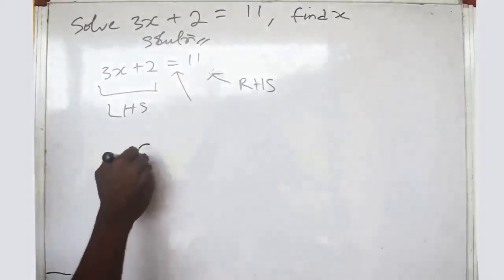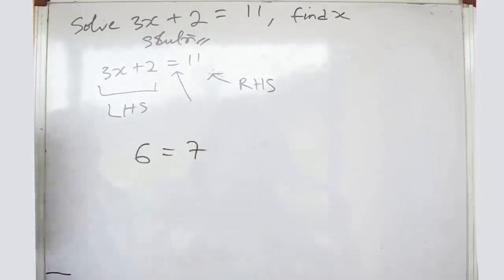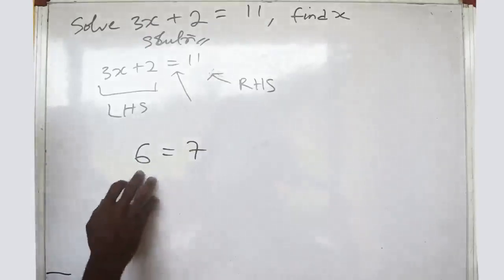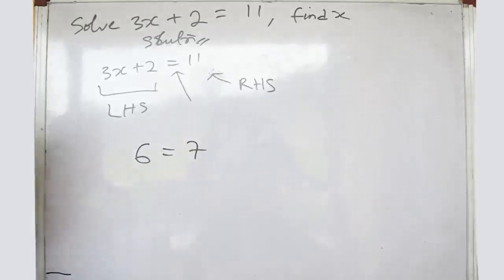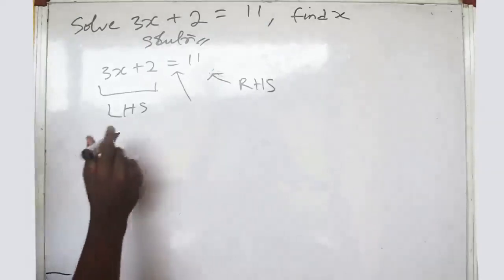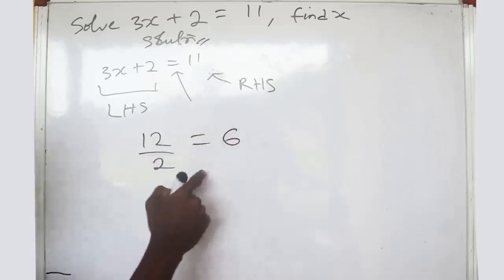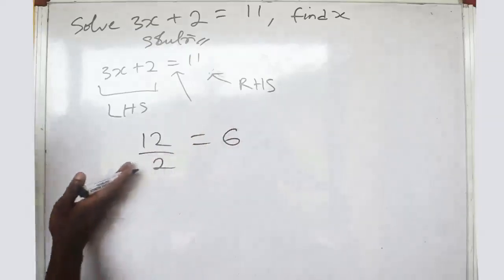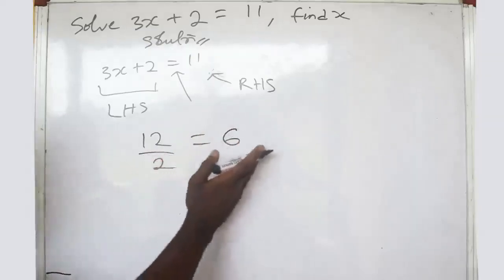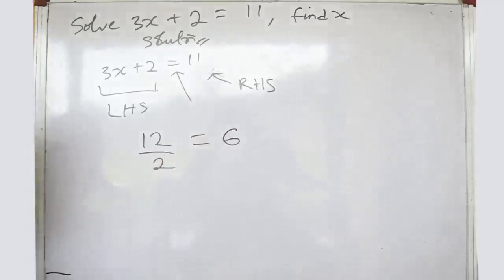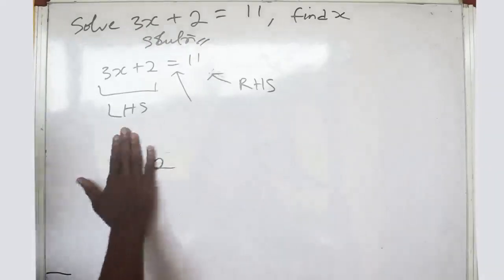For example, if I say that 6 = 7, this is absolutely false. You cannot convince even a blind man that this is equal to this. But if I tell you that 12/2 is the same thing as 6, this is believable. This is the left hand side, and this is the right hand side. They are equal, so this is true.